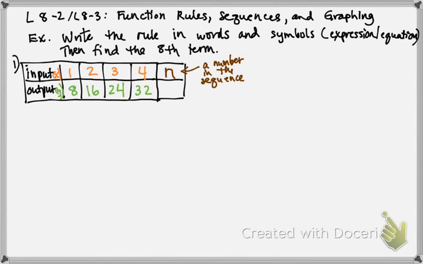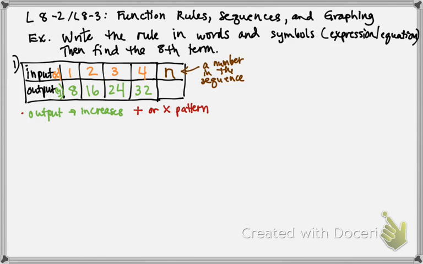So first thing I would do is look at if I'm increasing or decreasing on my output. So my output increases. So that means one of two things. It's either an adding or multiplying pattern. Okay, so that's the first thing I look for, my output.